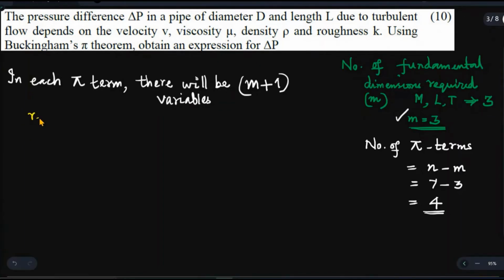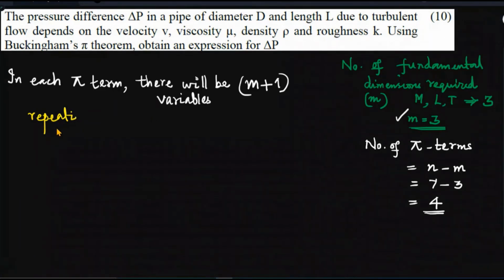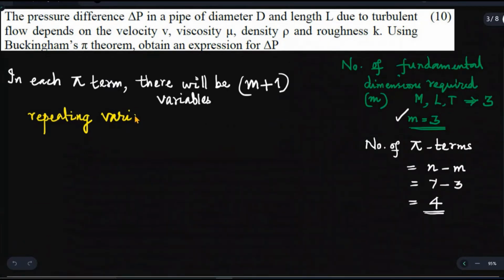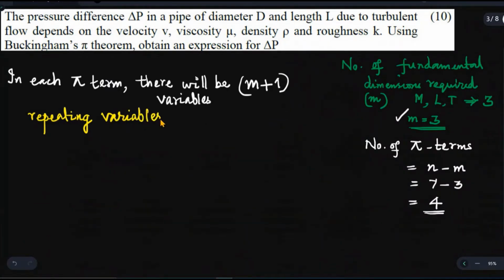So there will be repeating variables also in each pi term, pi 1, pi 2, pi 3 and pi 4, and out of which some variables will be repeating. So repeating variables, that is m number.